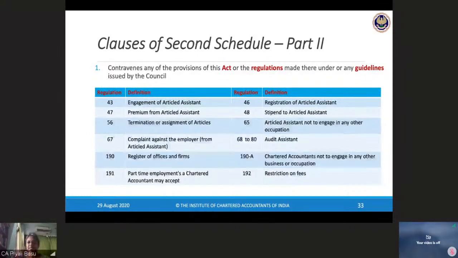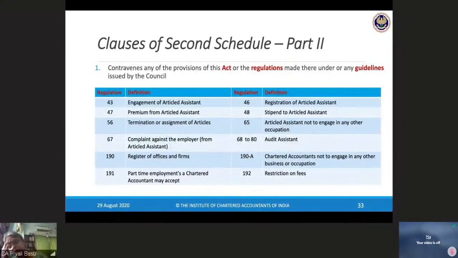But just remember these regulations: how we can engage an article assistant, premium, termination, complaint against an employer and what happens then, register of officers and firms, part-time employment of chartered accountants, registration of article assistant, stipend, and premium.